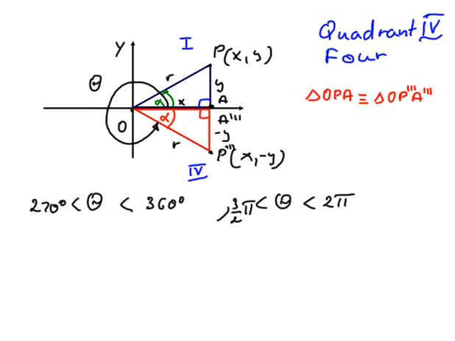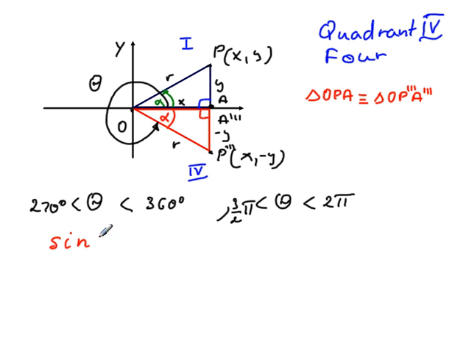Quadrant number 4. So now our angle theta is contained between 270 and 360, or between 3/2 pi radians and 2 pi radians. Once again, we know for the first quadrant the ratio for sine, cosine, and tangent. And since alpha is the related angle for angle theta, so we will be using the red triangle to define sine ratio, cosine, and tangent.